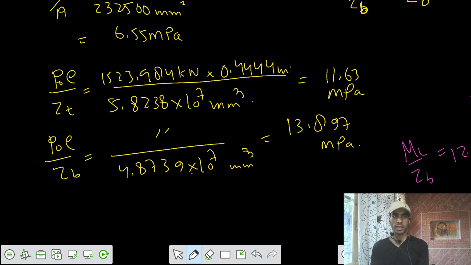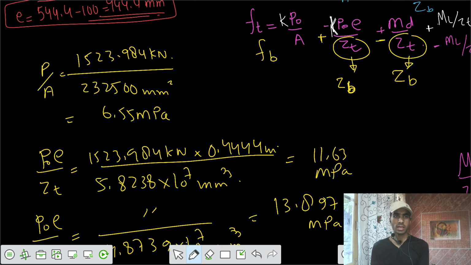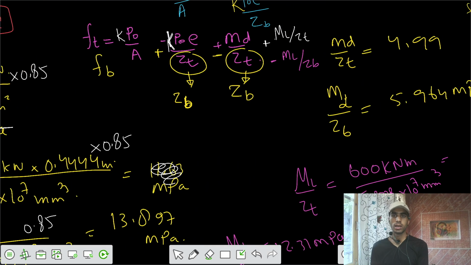Let's go from the first one, that's P by A. We have to multiply K times, that value of 0.85, so this stress becomes changed. The second one we also multiply by K, that is 0.85, and similarly the third one we multiply by K, 0.85.